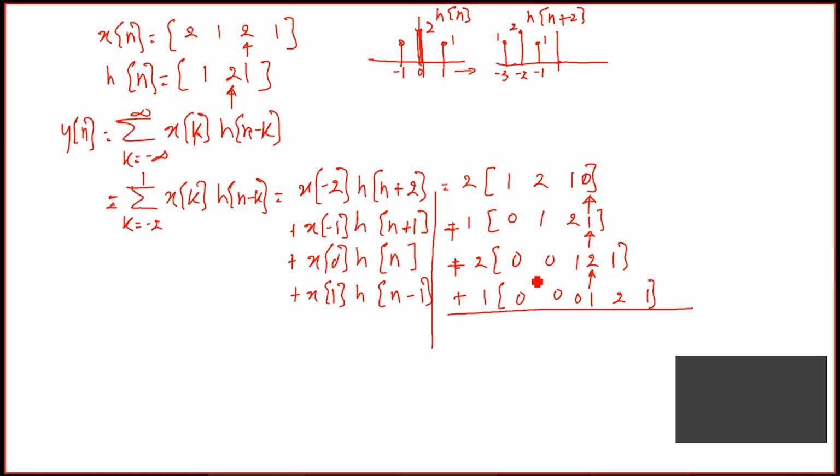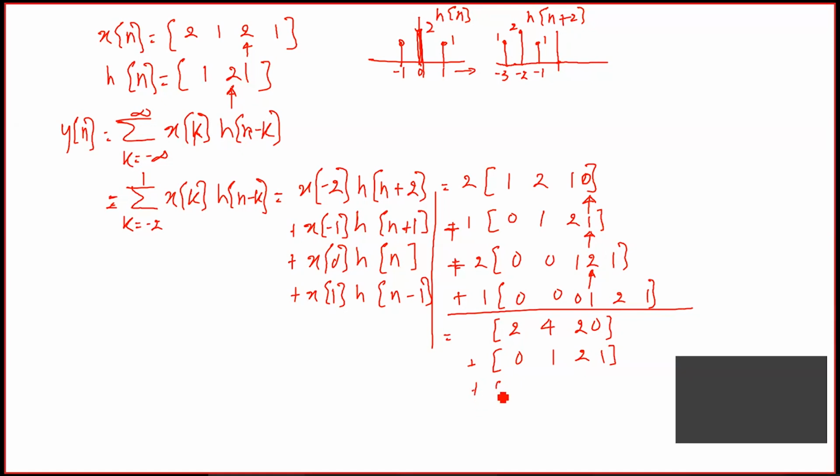Now we need to just do the maths and get your answer. If I just do the maths, I hope I do it correctly. The first one will be 2, 4, 2, and 0, and the second one would be the same, 0, 1, 2, 1.